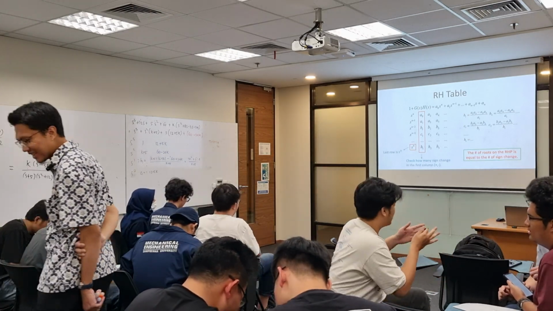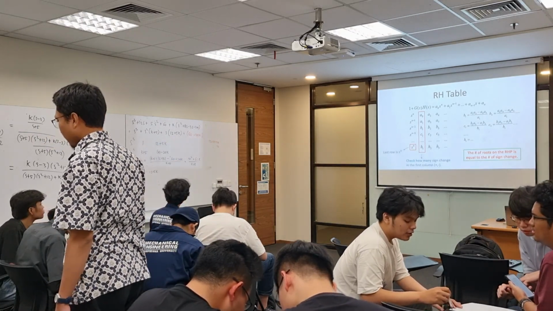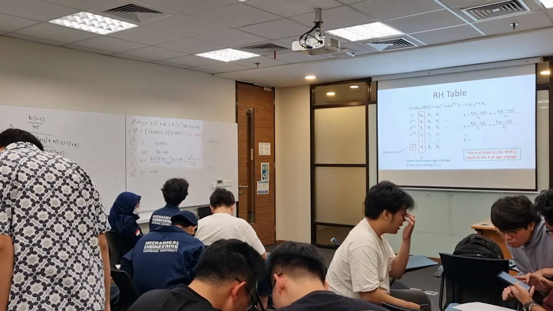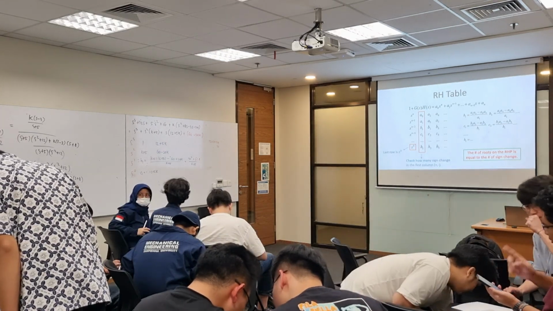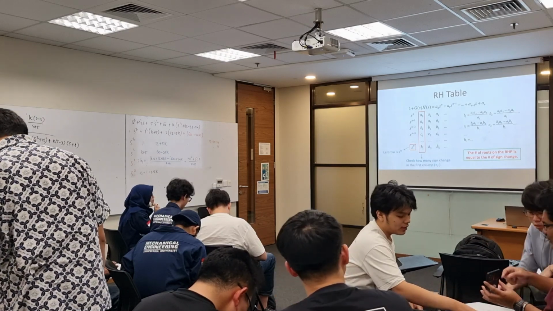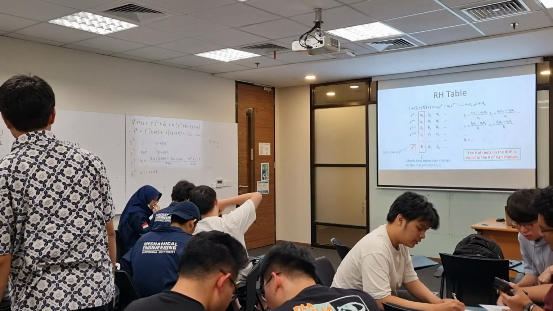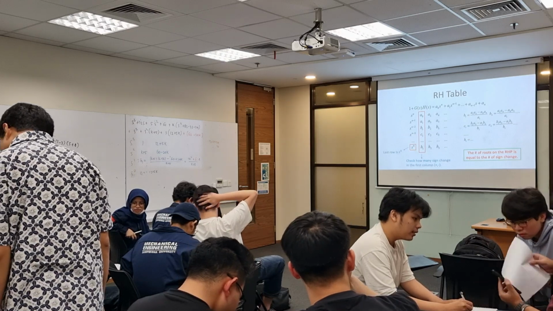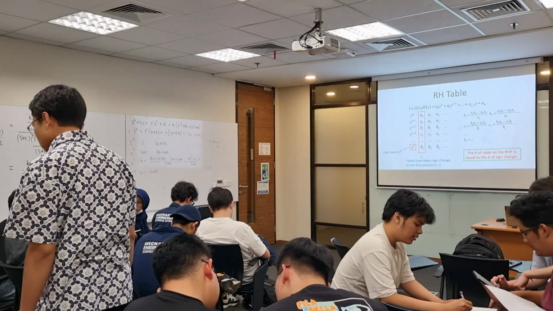Not yet, there has to be no S. Why is it 6? Where is 6K? No 6K. 6KS. I think that's five, right?